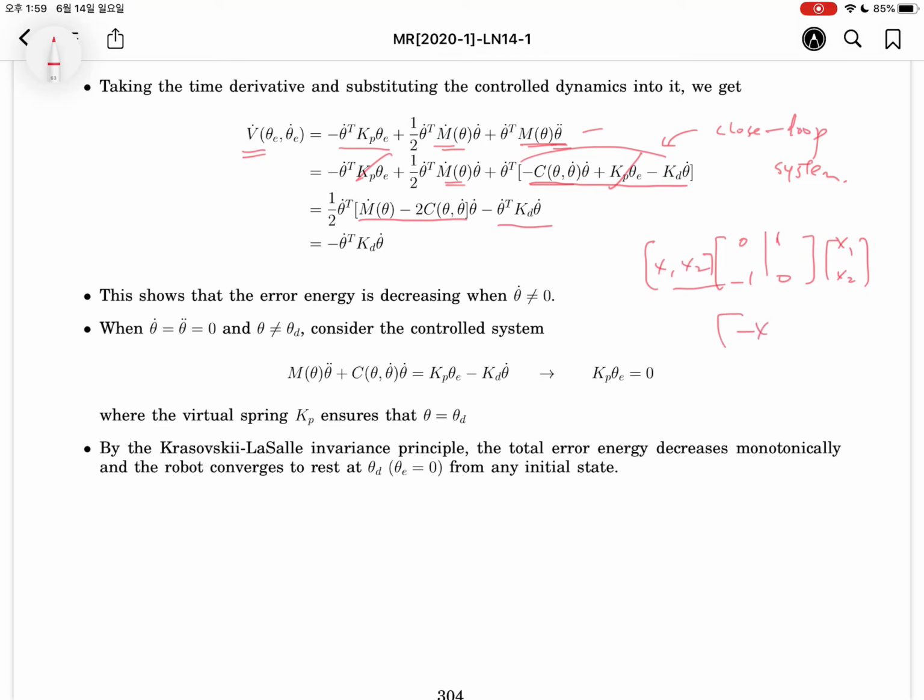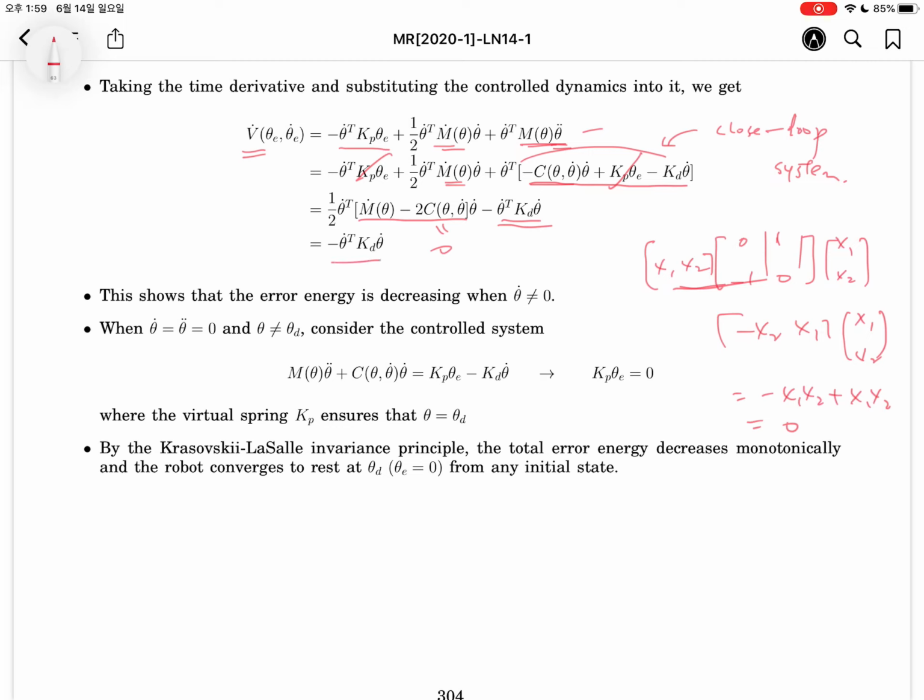This is minus x2, this is x1, and then x1 x2, then minus x1 x2, plus x1 x2, so we have 0. In the case of a skew symmetric matrix, if you multiply the front side and the back side, then we get 0 as a scalar. So the remaining term will be minus theta dot transpose Kd theta dot.